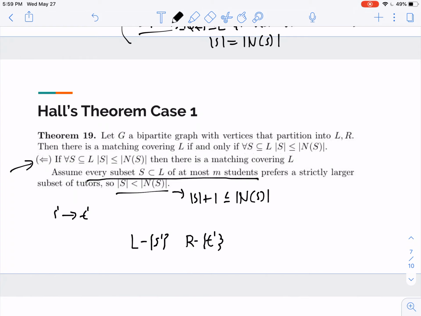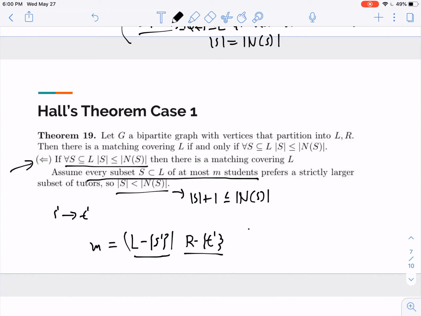And we know the size of L minus S prime is equal to m, so we're good on that front now. We just need to show that for any subset of the remaining students, we'll call L minus S prime the remaining students, that they prefer an equally or larger number of the remaining tutors.